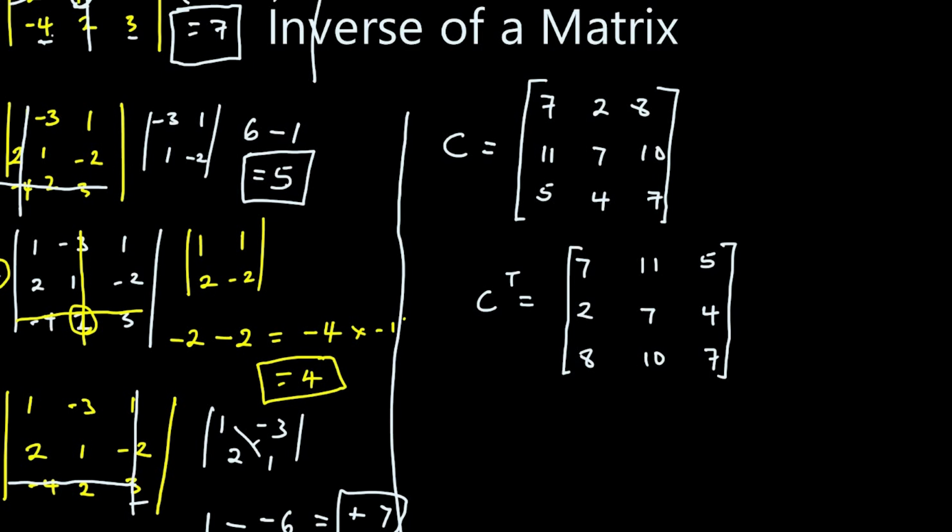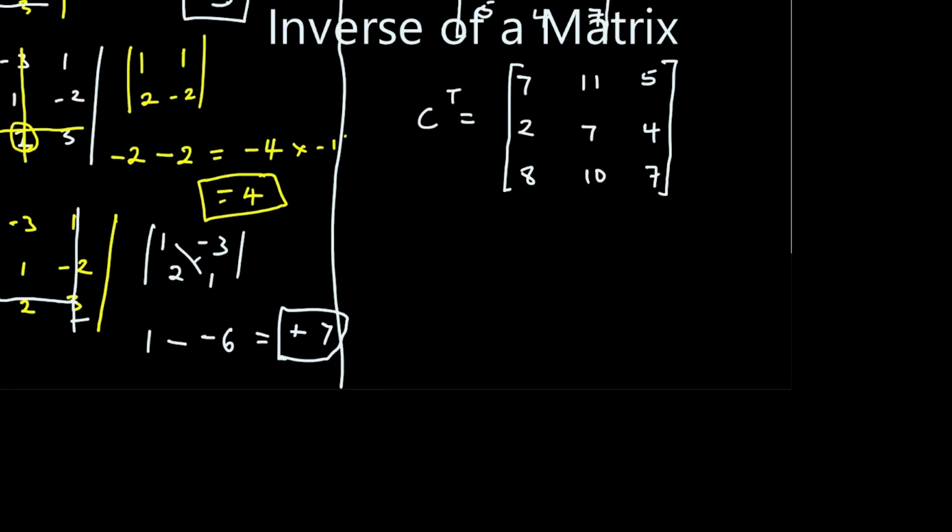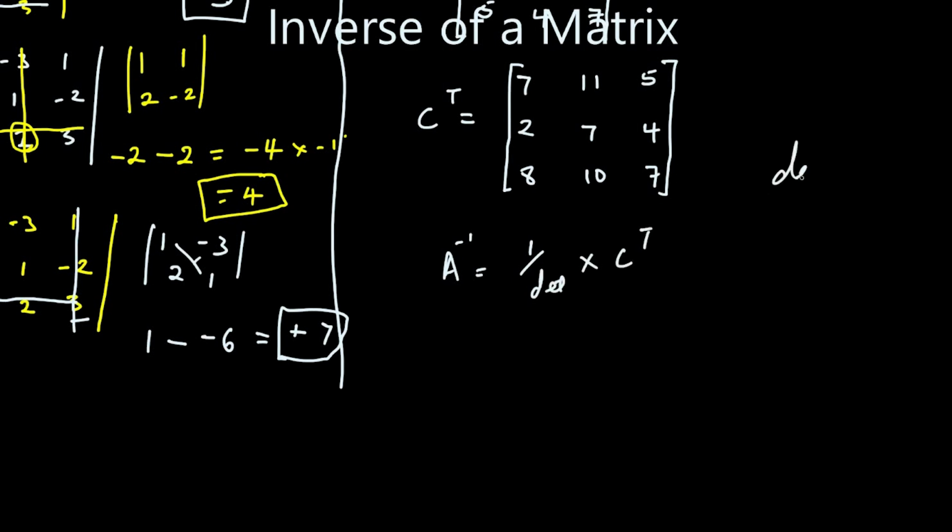So that now the inverse of this matrix is going to be equal to, we said A inverse is going to be equal to 1 all over determinant multiplied by CT. Our determinant was 9. Therefore, we'll have 1 all over 9 multiplied by 7, 11, 5, 2, 7, 4, 8, 10, 7.